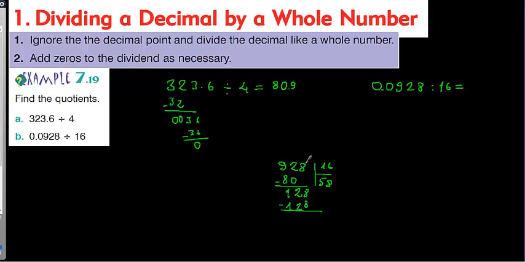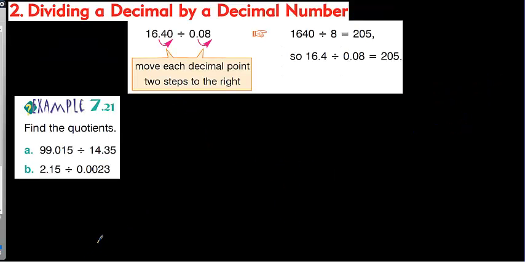So 928 divided by 16, the result is 58. But I cannot write 58 directly because I have 1, 2, 3, 4 decimal places. So I have to add 1, 2, 3, 4 decimal places, and I have to write the result like this. Okay.